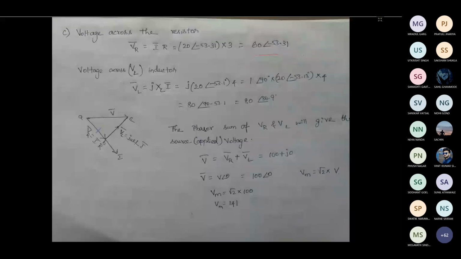Why I have drawn it like this is that I have taken 0 as a reference. This I is lagging, having minus 53 degree. If you want to represent minus 53 degree, you should go in the anti-clockwise direction as drawn here. So this is 53 degree. To represent this I have drawn it like this, but it is the same figure.